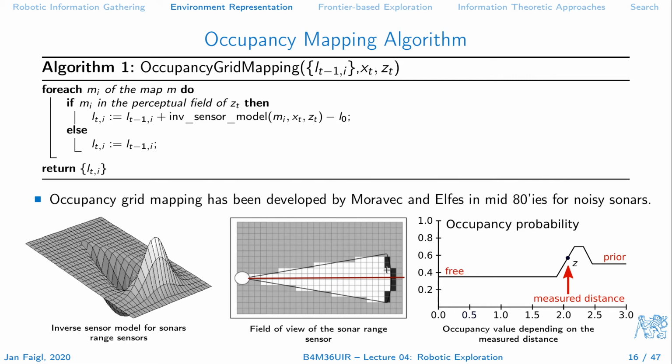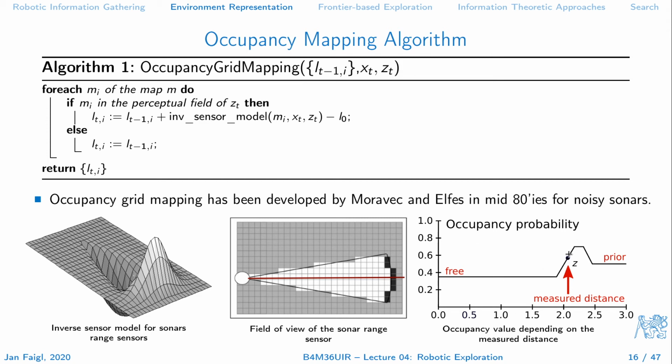If we have a measurement, we have the notion, okay, this is most likely the free space, and this is probably the obstacle where the sound has been reflected in the sonar sensor, and so we can use that to actually cover or update the map, not like a single measurement, but considering the characteristics of the sensor. So we can consider the occupancy probability depending on the measured distance.